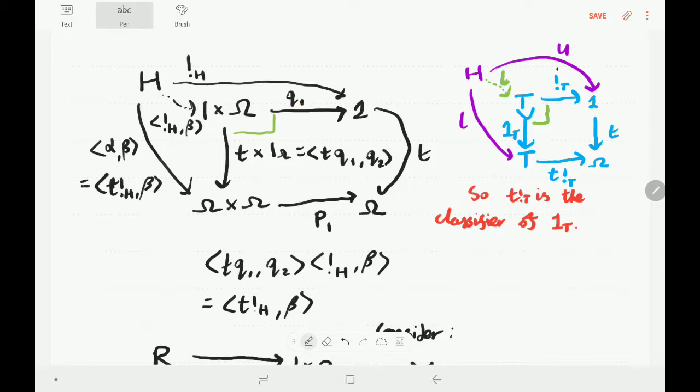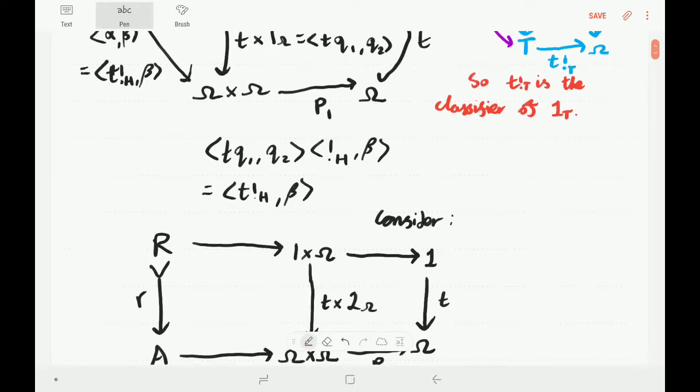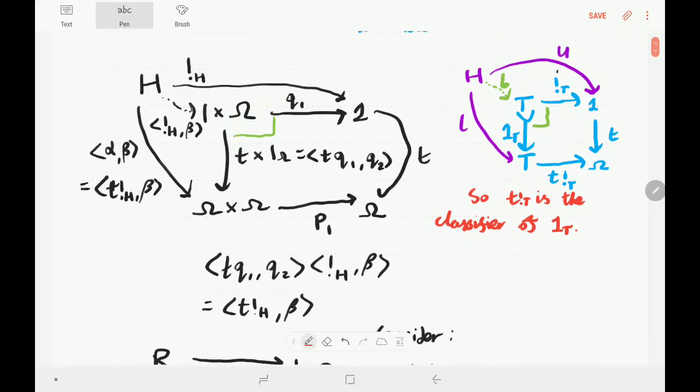And so I am showing here that the classifying arrow of this particular one of the generic pair of subobjects is just the first projection, and similarly the second projection works in the other case. So is this clear? We can rewrite this as T Q1, Q2, and then doing P1 after it gives us T Q1.